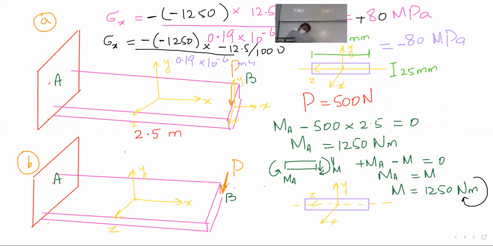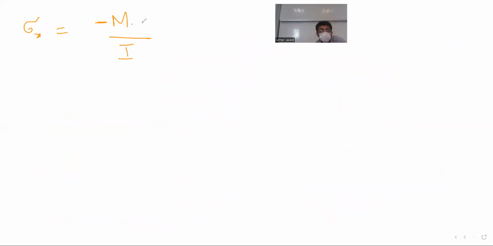Is everyone with me? Negative My, everyone. Okay, very good. Everyone is with me, I suppose. So this is My.